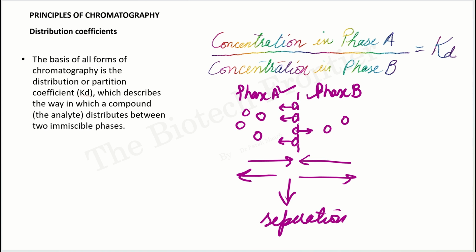How a particular analyte is distributed between the two phases is the principle behind its separation. The distribution coefficient for any analyte can be calculated by using this formula: the concentration of the analyte in phase A divided by the concentration of the analyte in phase B. Kd here represents the distribution coefficient.